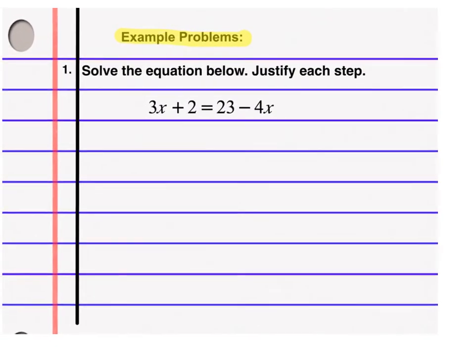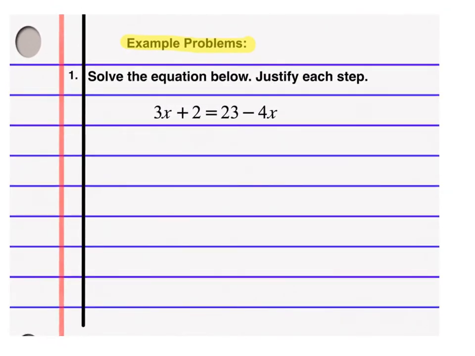All right, examples. Example 1, solve the equation below, justify each step. 3x plus 2 equals 23 minus 4x. So you're definitely going to want to give yourself some space because we're not really working on solving this equation. That would be easy. You already know how to solve this equation.